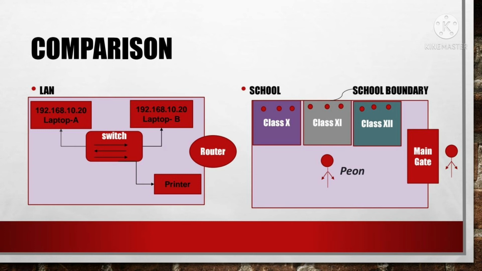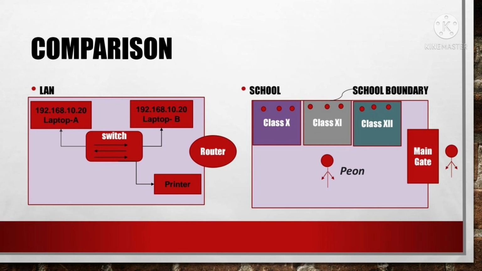I'll tell you how. So, suppose the IP address of device A is 192.168.10.20 and the IP address of the printer is 192.168.1.2. Between these two sits the subnet.